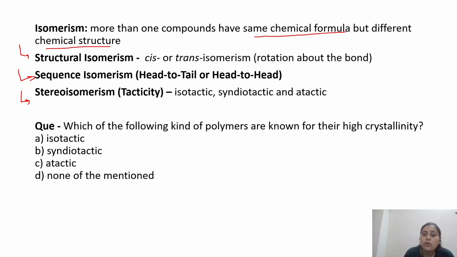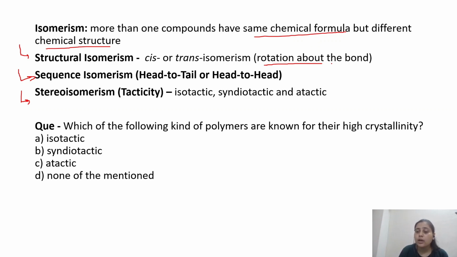In this, there is a double bond, and there will be rotation around the double bond. Because of the rotation around the double bond, the pendant group changes its position.